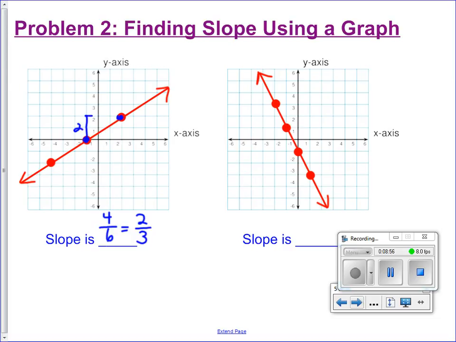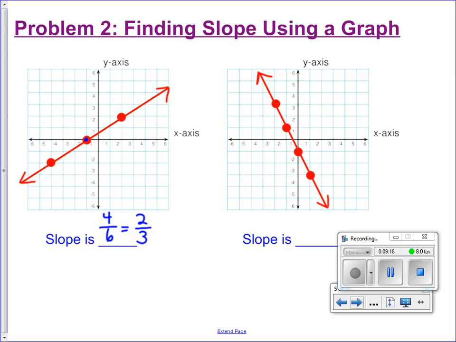My run is over 1, 2, 3. So again, I'm going to get 2/3 either way I go. Now, you may say, when you plot a point, you go left or right and then up. Can we do that? And of course you can.